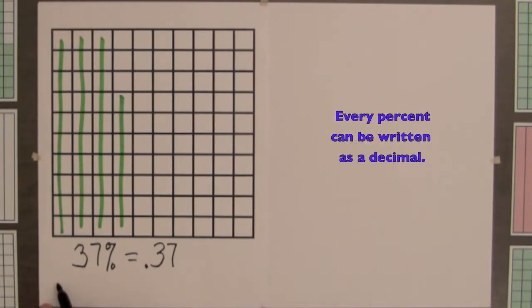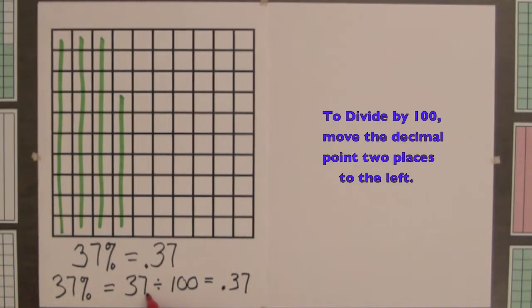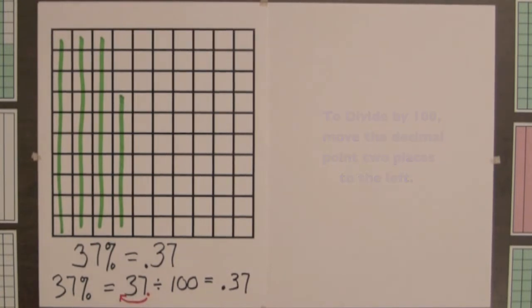And when given a percent, such as 37%, we divide the number 37 by 100 to obtain 37 hundredths. And when dividing by 100, we move the decimal point 2 places to the left.